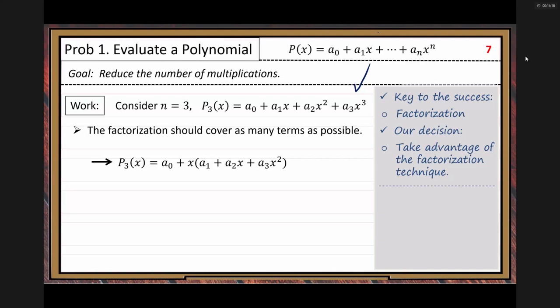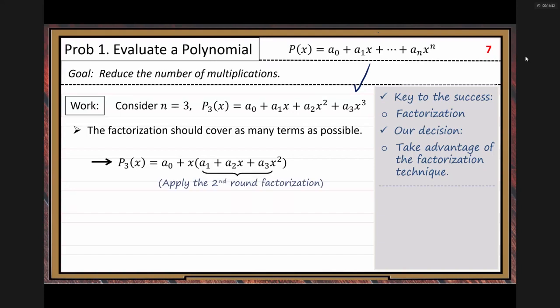Other than the constant term, all terms have the common factor x, so we can factor it out. That's what we mean by applying factorization on as many terms as possible.